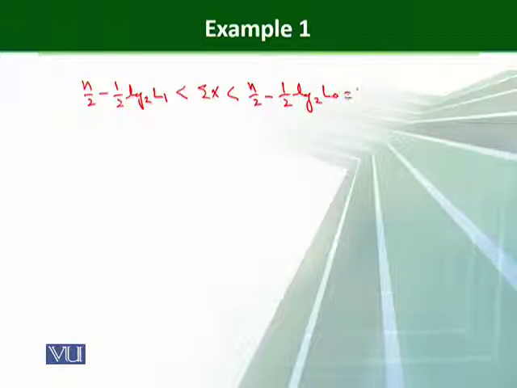And basically this quantity is actually representing the C1 of n, and this quantity is basically representing the C0 n.